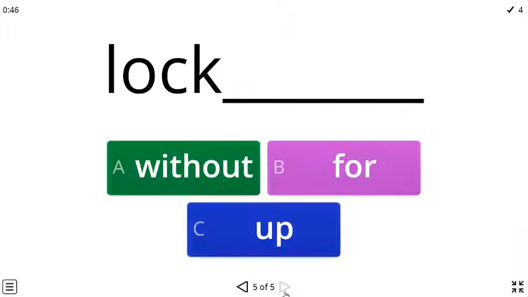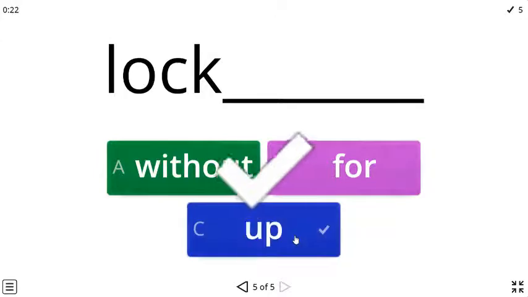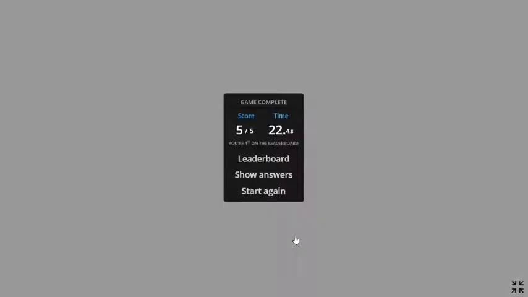And the last is to lock, without lock, for or look up. So look up. Good job and good starting.